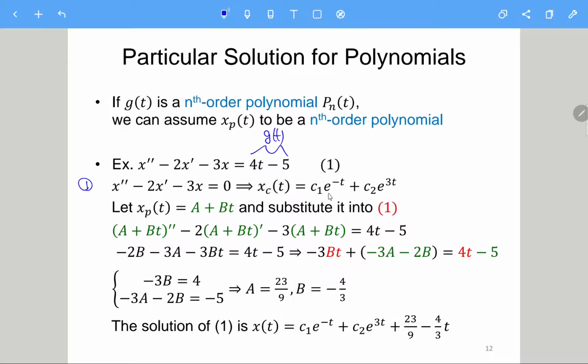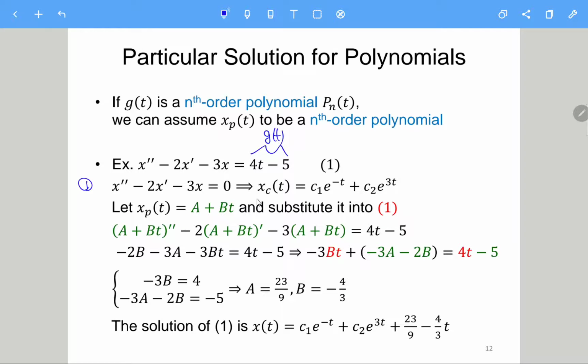So the complementary solution is c1 times exponential to minus t plus c2 times exponential to 3t. In this case we let our particular solution also be of nth order. This is first order, so we just let our particular solution be a first order polynomial, which is a plus bt.